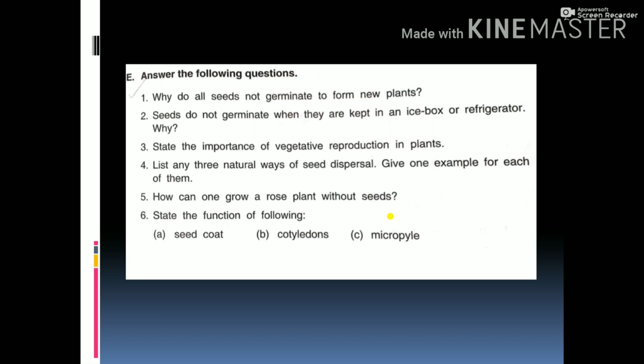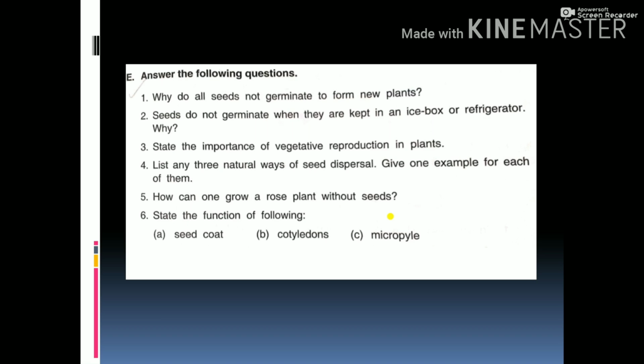Seeds do not germinate when they are kept in an ice box or refrigerator. Children, you can do this activity at your home, because in an ice box the temperature is very low, and for germination a warm temperature is necessary. So again the answer is given to you.